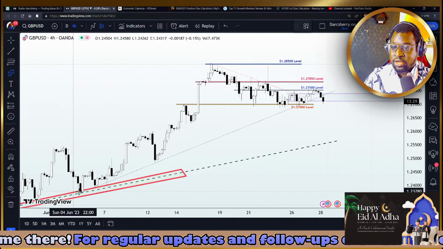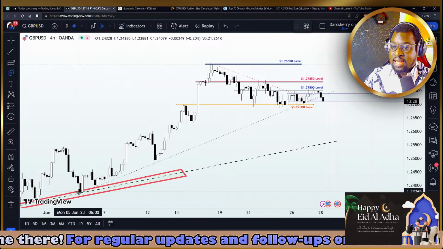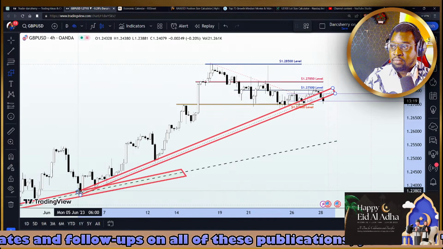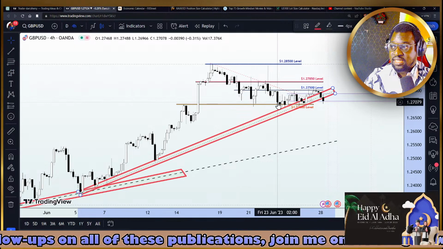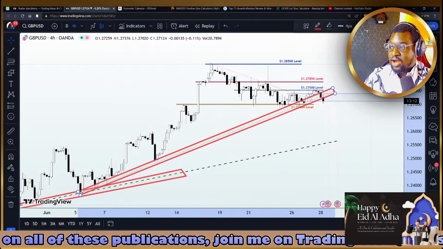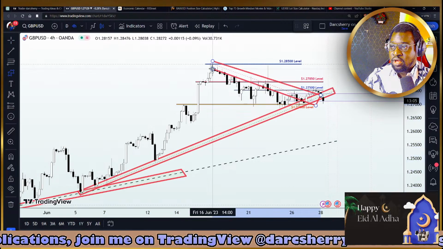So I said we finally saw the breakdown of this trend line today after a very long choppy situation where price was caught within that 1.285 and the 1.2770 level, and we saw how price had consistently found lower highs within this time frame to give us an insight into the strength of the sellers at this particular point in time.